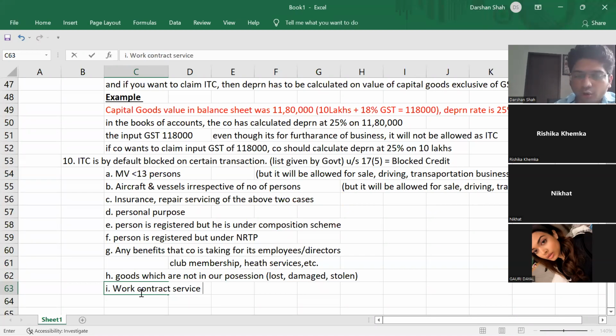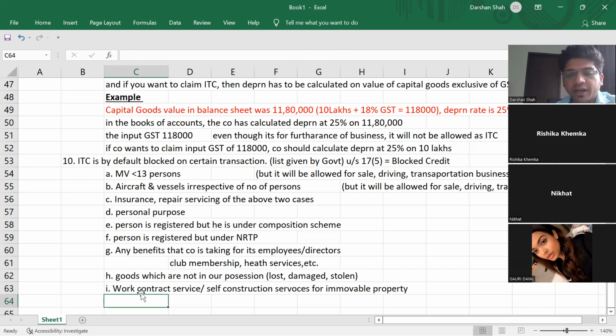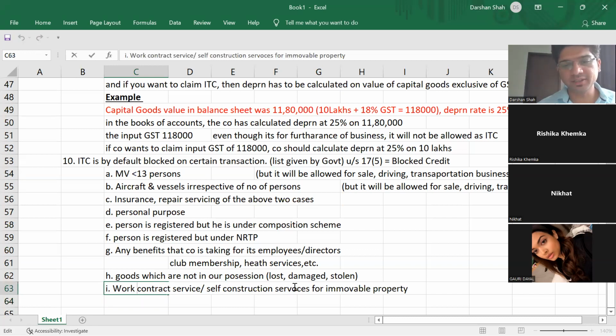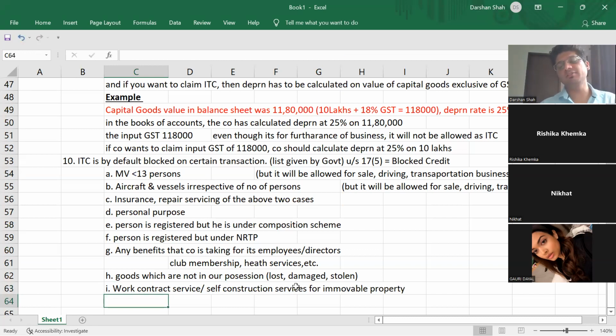Works contract services or self-construction services for immovable property. So you are getting the building constructed either by yourself or from outside.